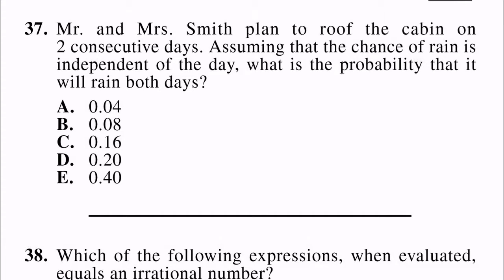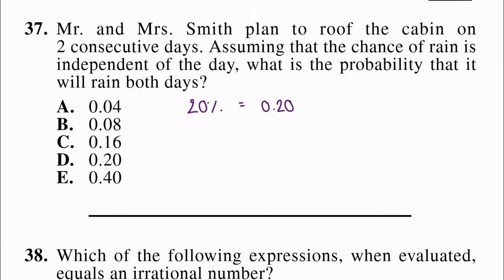Number 37, Mr. and Mrs. Smith plan to roof the cabin on 2 consecutive days. Assuming that the chance of rain is independent of the day, what is the probability that it will rain both days? So in our background information, we learned that the chance of rain each day was 20%. And if we write that as a decimal, that is equal to 0.20.